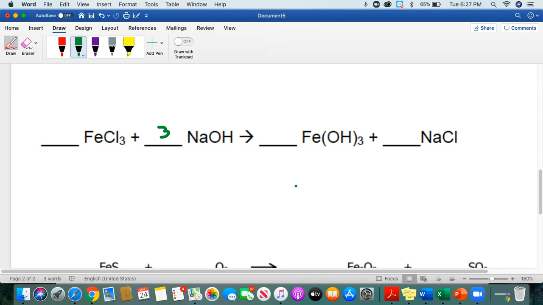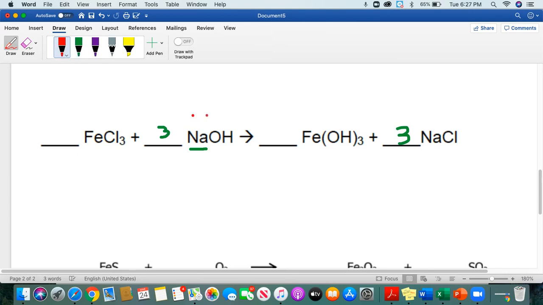Okay, that's fine. That's balanced. Now, that's changed my sodium though, because that 3 applies to this as well. So now I have 3 sodium on this side, so I need 3 sodium on this side. So I'm going to put a 3 there as well. Okay, cool.